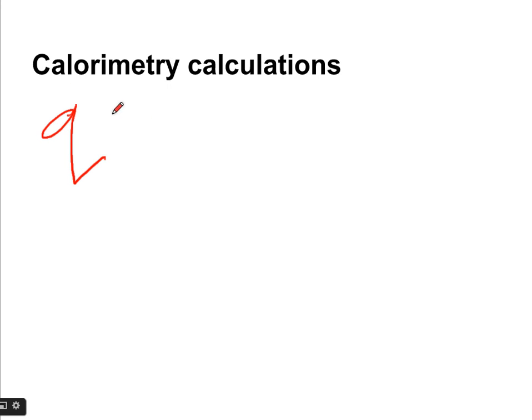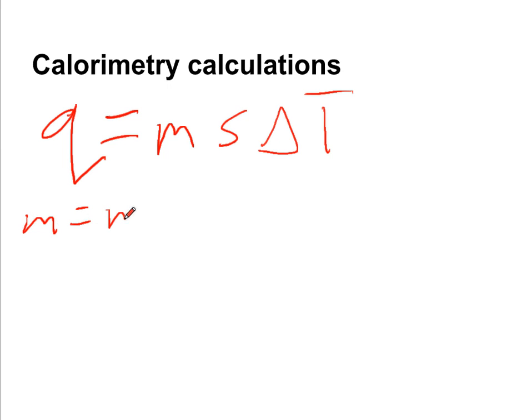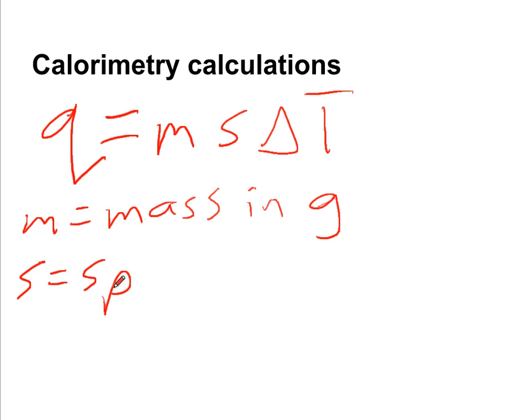Our important equation for calorimetry, it's pretty easy. It's lowercase q, that's heat, is equal to m s delta T. M is mass in grams, so the mass in grams of the total mass of whatever solutions or substances you're dealing with. S is the specific heat.